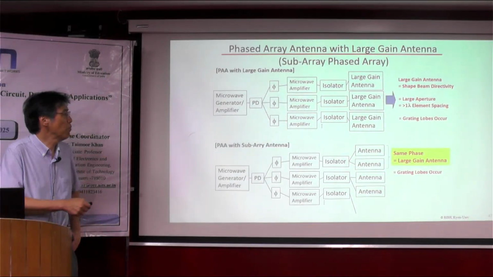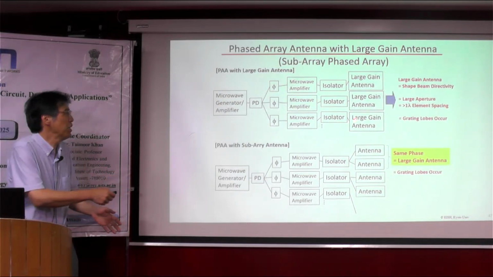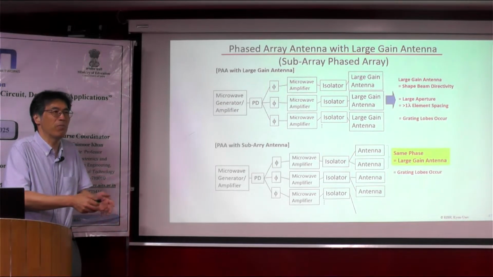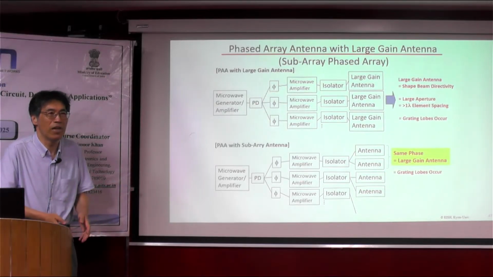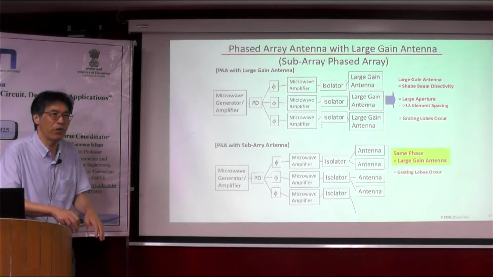Yeah. So if we control the beam direction, I agree with you. The impedance in each antenna changes by the mutual coupling, etc. So we have other technology to suppress the mutual coupling.